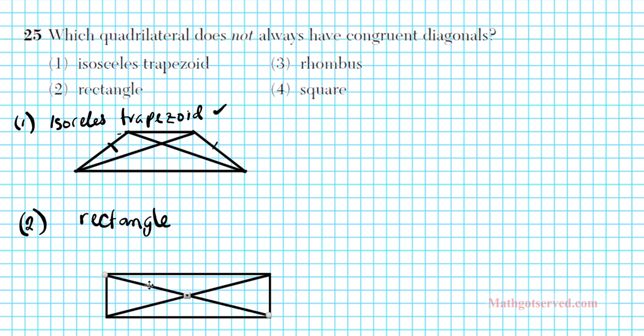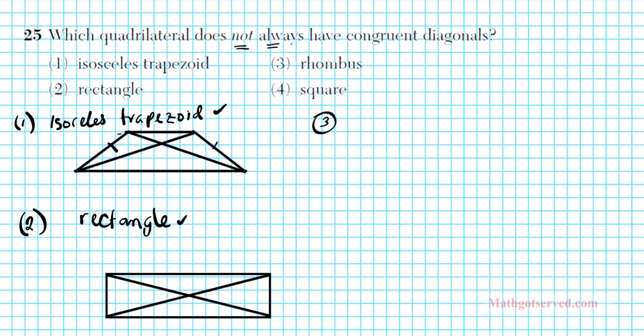And it's easy to see that there isn't any way you can morph this rectangle in such a way that the diagonals are not congruent. So the diagonals are congruent here. Hopefully you know what the diagonal means: the segment that connects two vertices that are opposite each other. The rectangle is good. Diagonals are congruent. Remember, we're looking for the diagonals that are not always congruent. They could be sometimes, but not always.